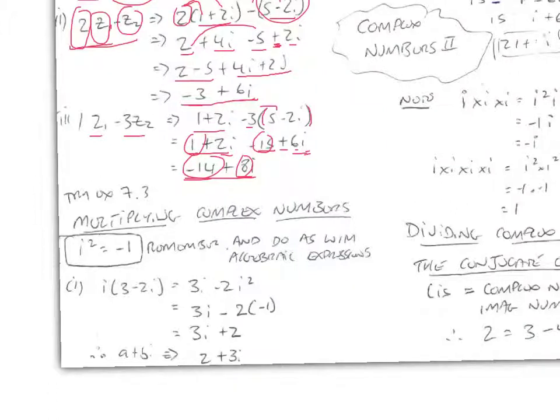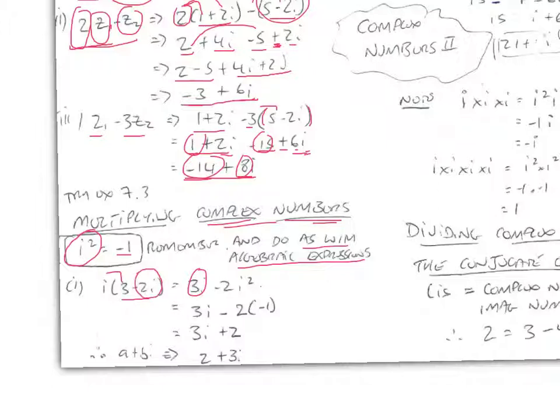So let's move on now to multiplying complex numbers by complex numbers, and we'll just remember that i squared equals minus 1, okay? And we'll just multiply out as we do with algebraic expressions, which we met in the algebraic chapters. So the first example, i times the complex number 3 minus 2i, i by 3 is 3i, minus i by 2i is 2i squared.